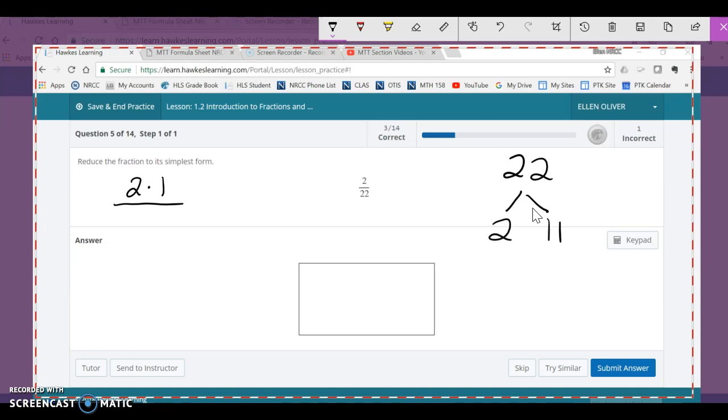It's 2 times 11. So I'm going to rewrite my denominator as 2 times 11. And now you notice that you have a 2 on the top and a 2 on the bottom. Well, 2 divided by 2 is just 1. So they cancel out and become 1s. So now my numerator is 1 times 1, and my denominator is 1 times 11. So that's going to be my answer.